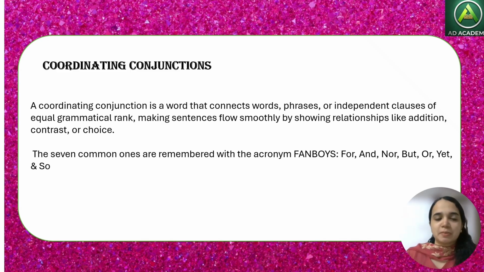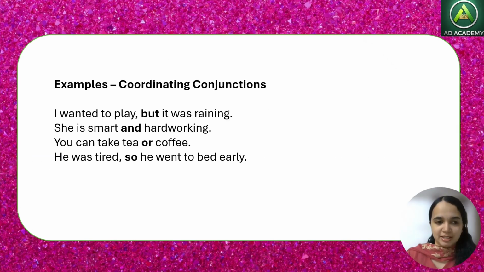We can check the examples and how we can use the coordinating conjunctions in a sentence. First one, I wanted to play, but it was raining. Here you can see that the first clause is independent and after that comes an independent clause again. And the conjunction here helps us to denote the contrast between these clauses.